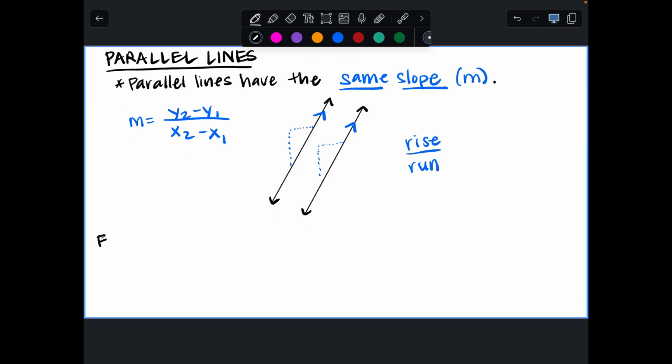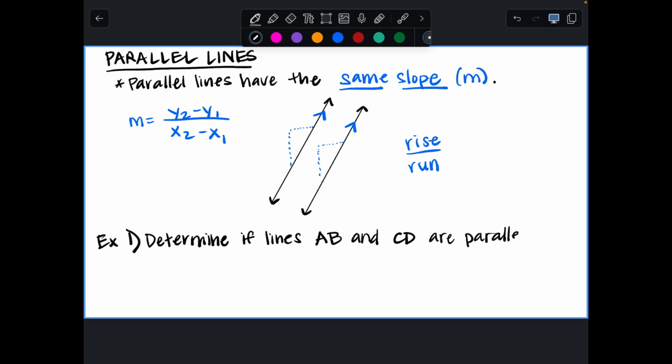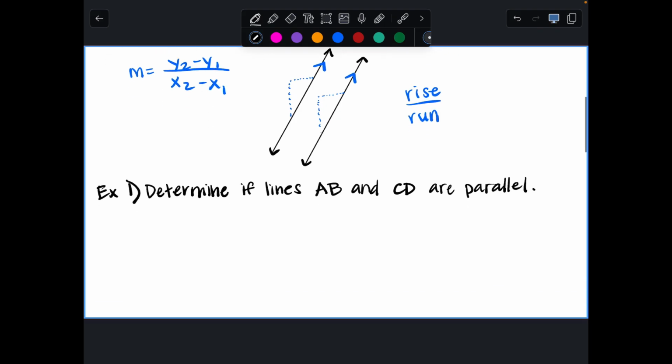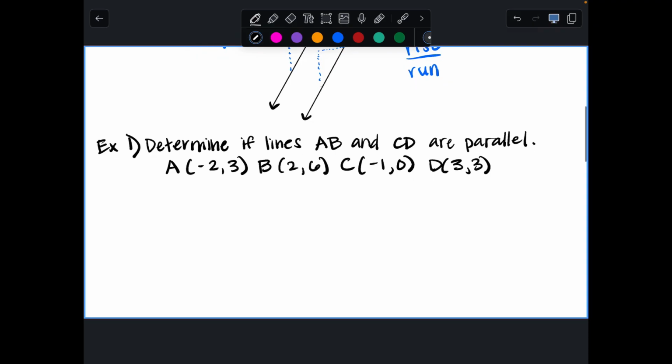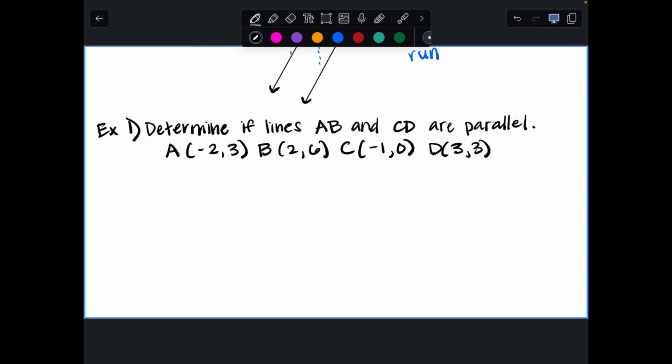Okay, so let's do an example. We need to determine if lines AB and CD are parallel, and it gives us the coordinates of points on those lines.